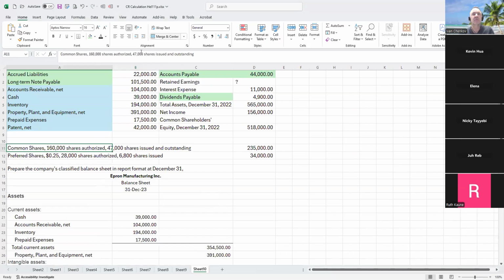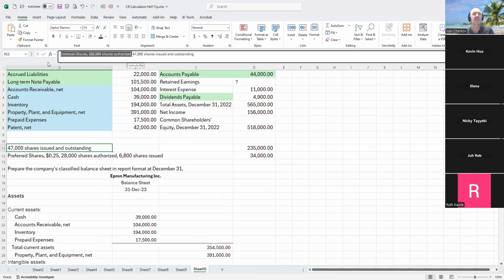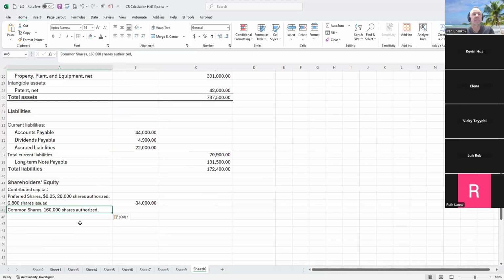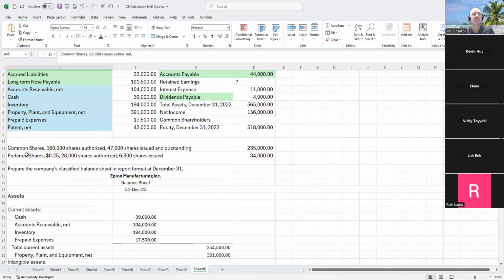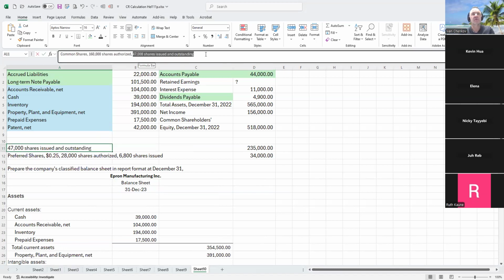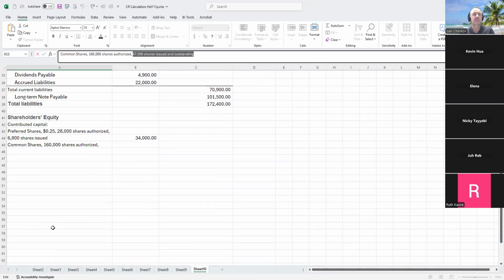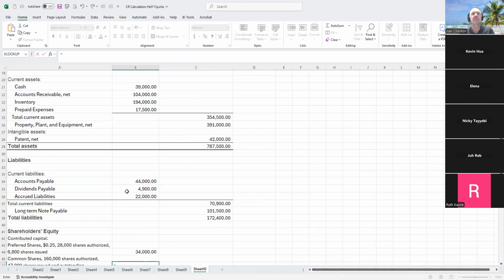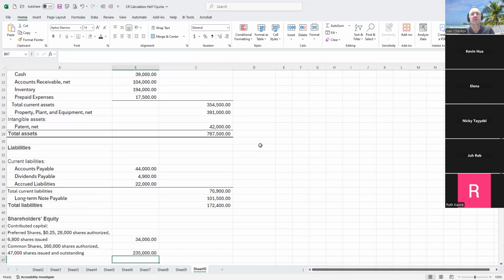Again, you don't have to do all those things. Everything will be pre-set up for you, so you just have to fill the gaps and you're done. Authorized, and then we're going to have common shares which are issued and outstanding, and we're going to have this amount, that much.